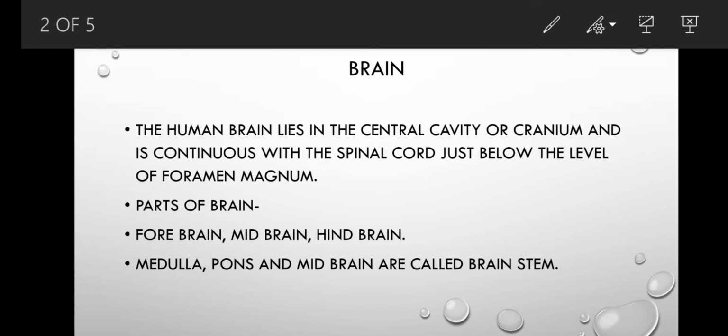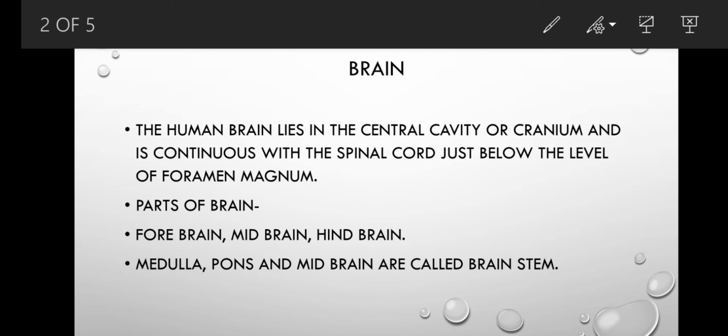We also discuss parts of the brain according to structure. The brain is divided into three parts: forebrain, midbrain and hindbrain.